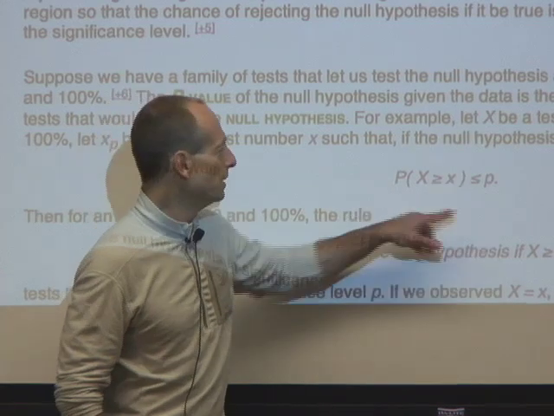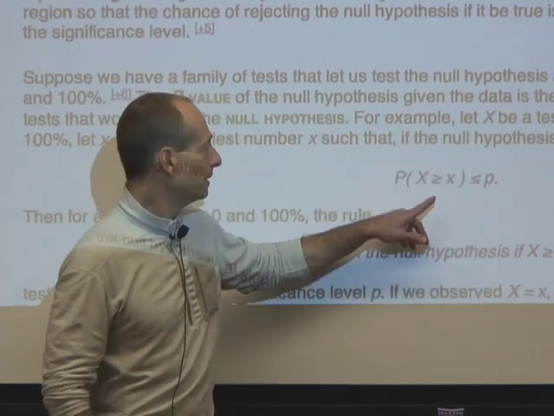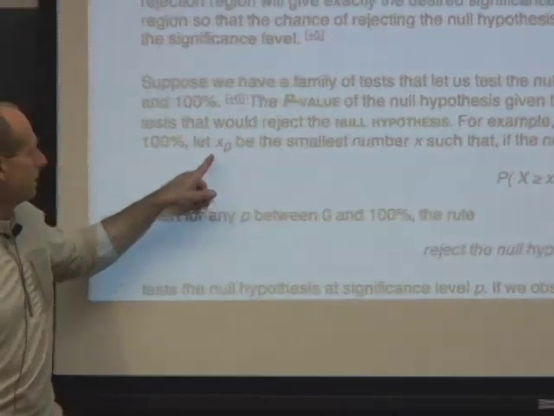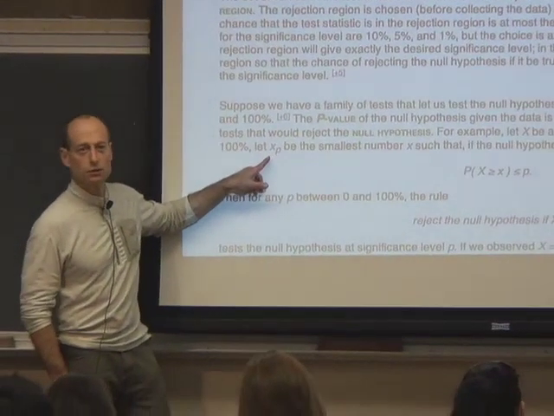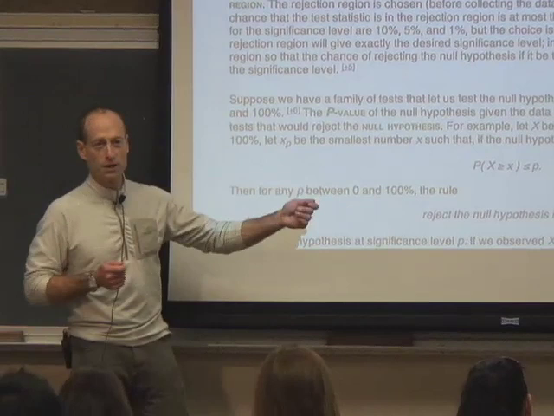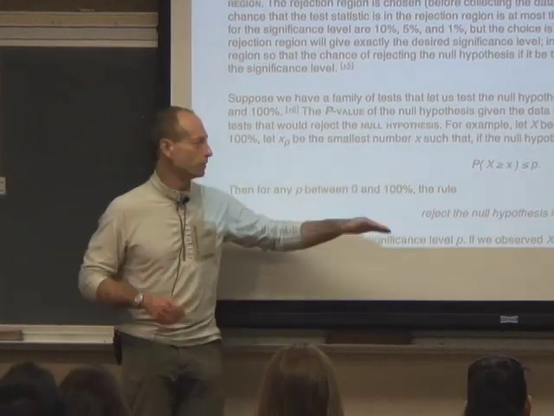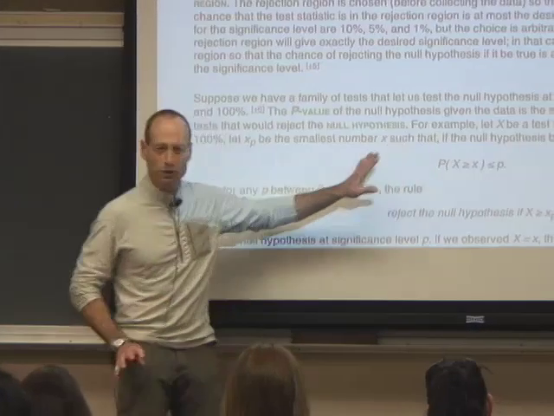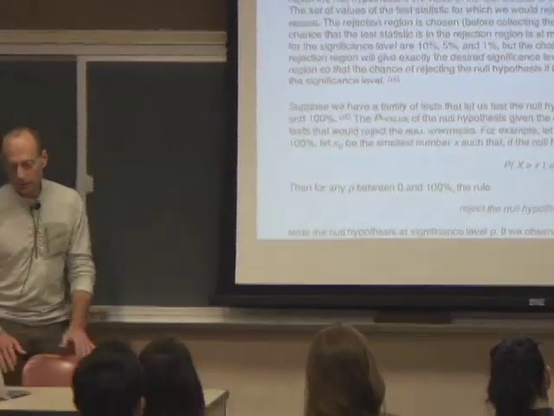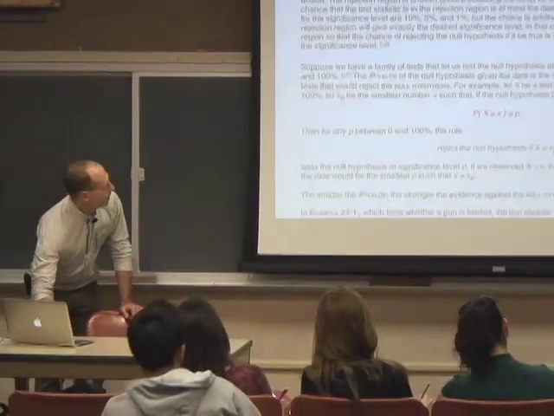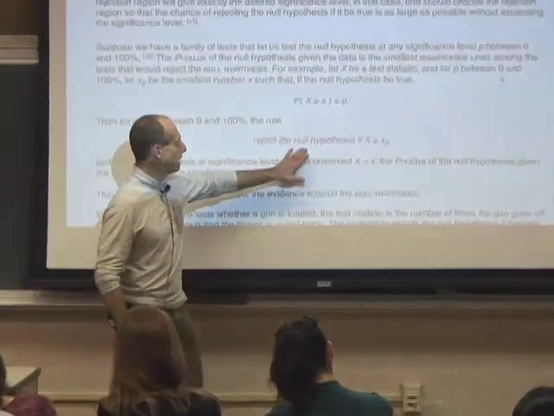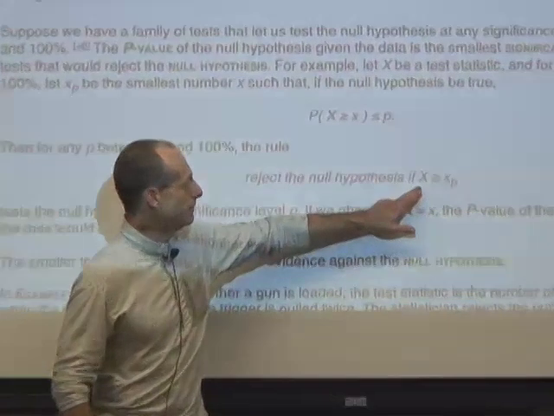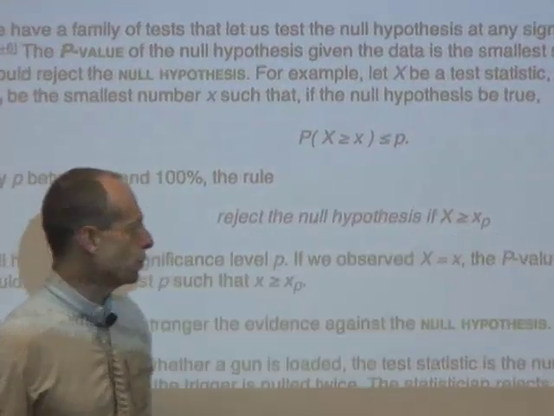Okay, so in this setup, x_p gets bigger as p gets smaller. Right? To have a smaller probability of rejecting the null, we would take a bigger threshold, if this is how we're setting up the test. It's not the only way to do it, but it's what we're talking about here. Okay, so our rule would be reject the null hypothesis if the observed value of the statistic exceeds this threshold.